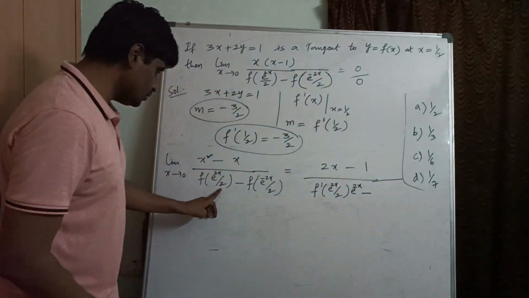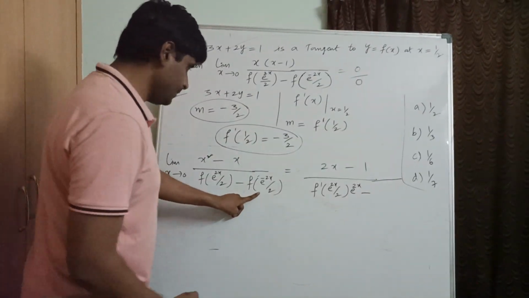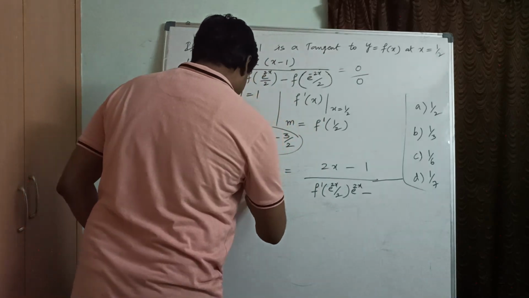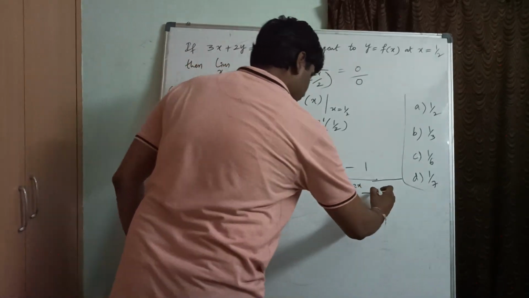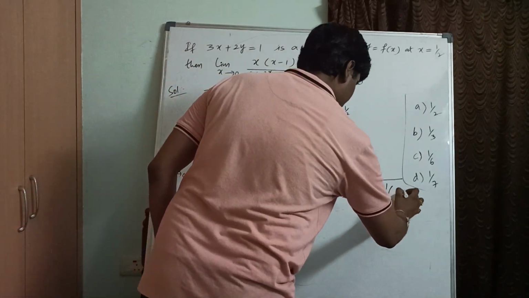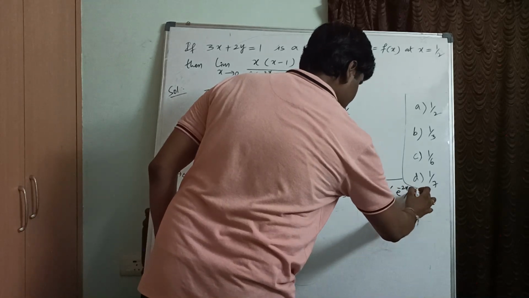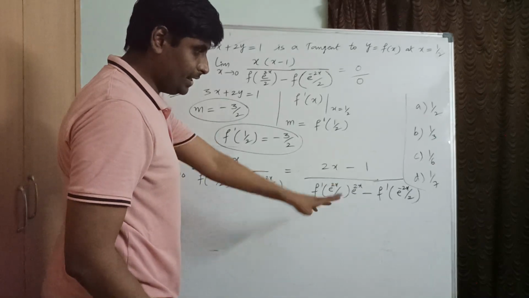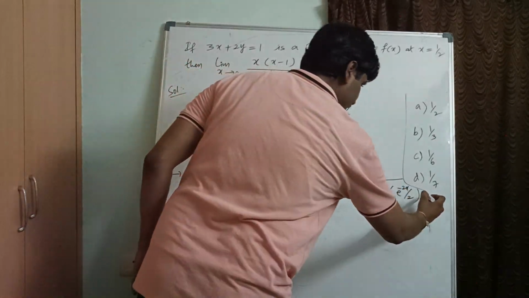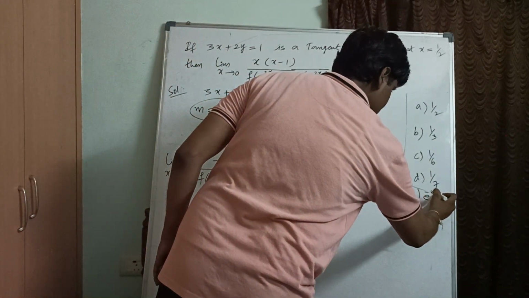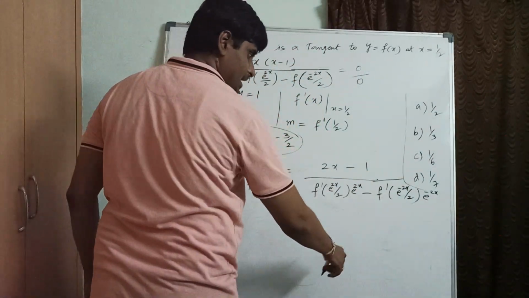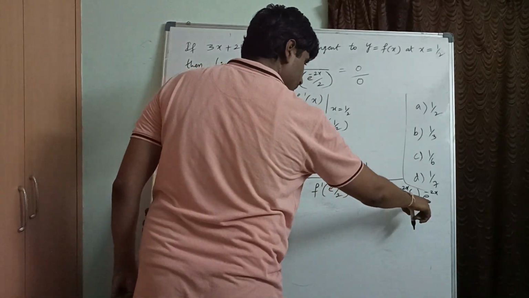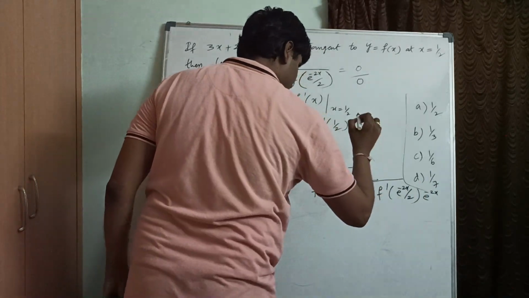Clear? Now here the same: f dash of e^(−2x)/2, with the inside derivative being −2x, so minus 2x e^(−2x), and the 2 gets cancelled there. So minus 2 will be left, so it will become plus.